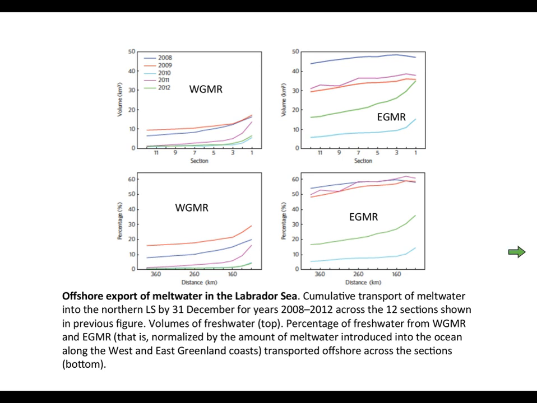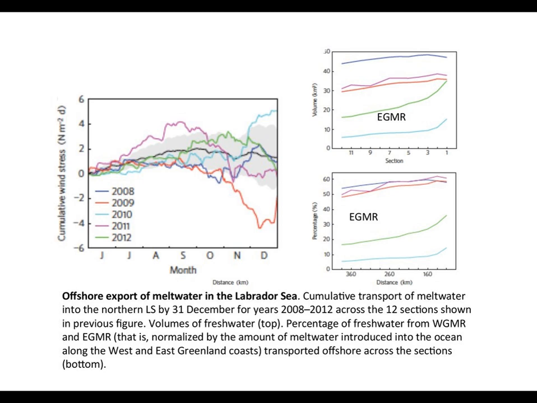So the reason for that is that the transport and the advection of the meltwater is essentially controlled by the winds. And the relationship between the winds and the meltwater, for at least the East Greenland component, can be seen in this slide.